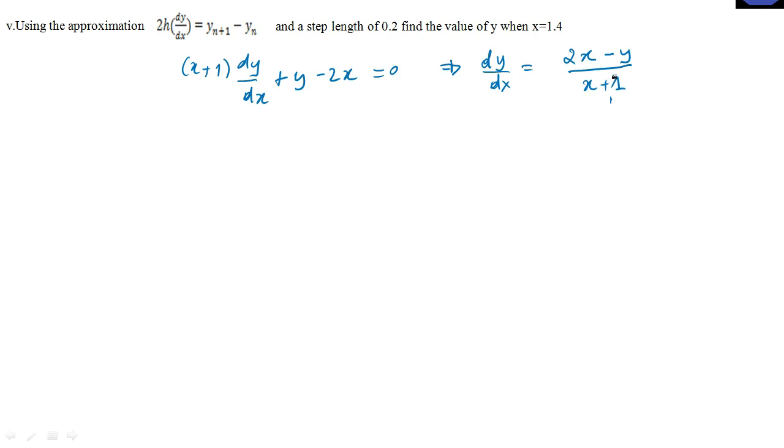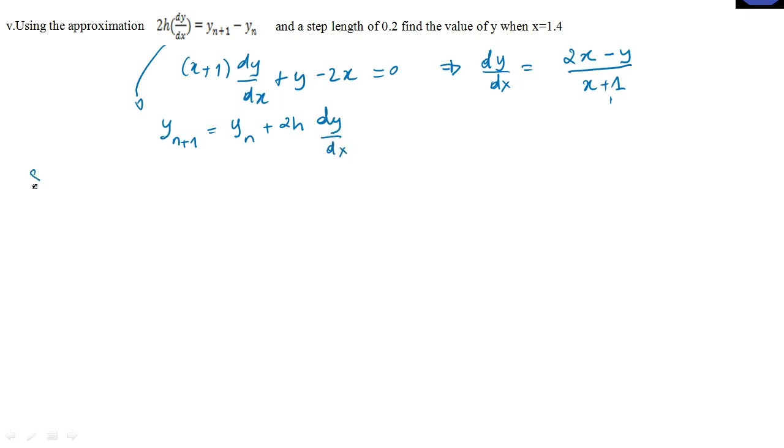Okay, so from this approximation we have that y(n+1) is yn plus 2h dy over dx.